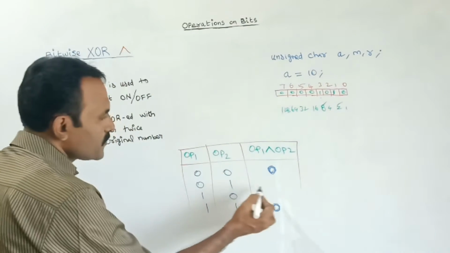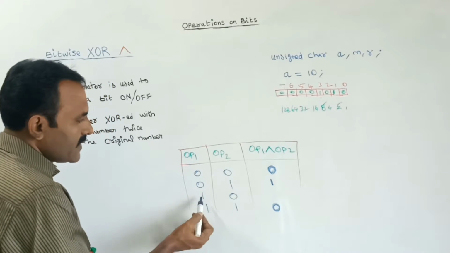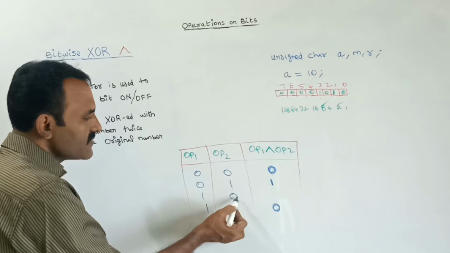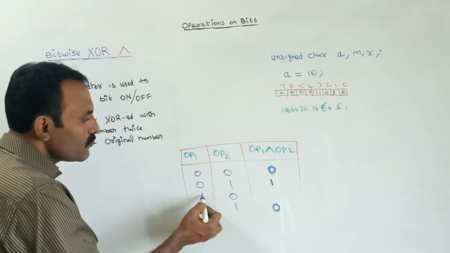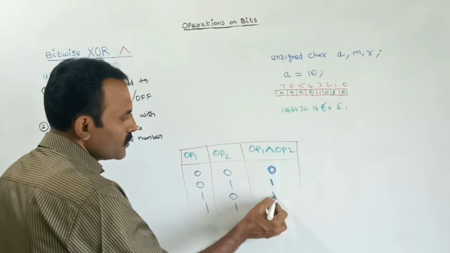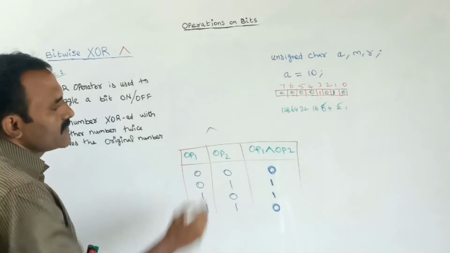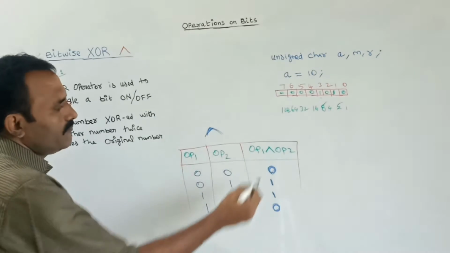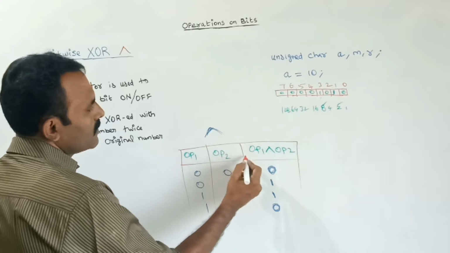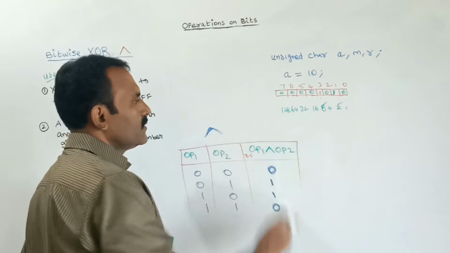So here we should put true, that is 1. Next, operand 1 has the value 1 and operand 2 has the value 0, false. Both values differ, so the result is true. This is the truth table of XOR. For that we use this cap symbol. Result is equal to operand 1, XOR operator symbol, operand 2.